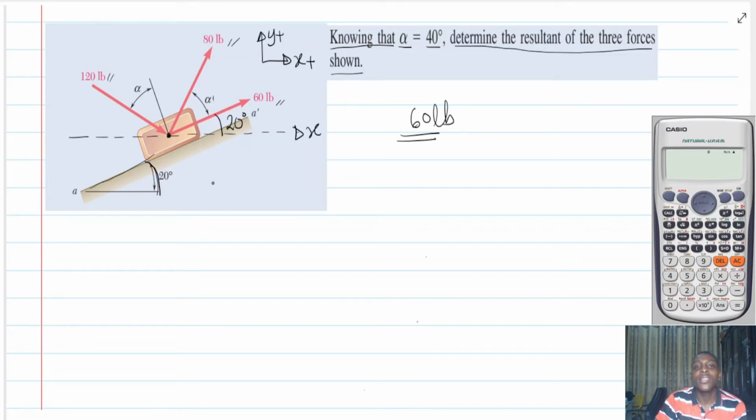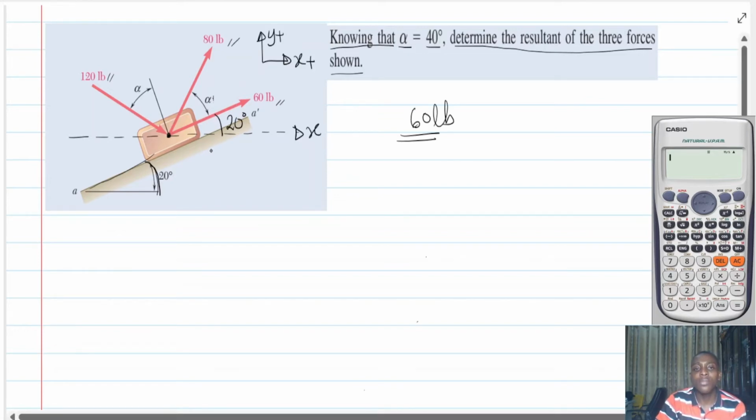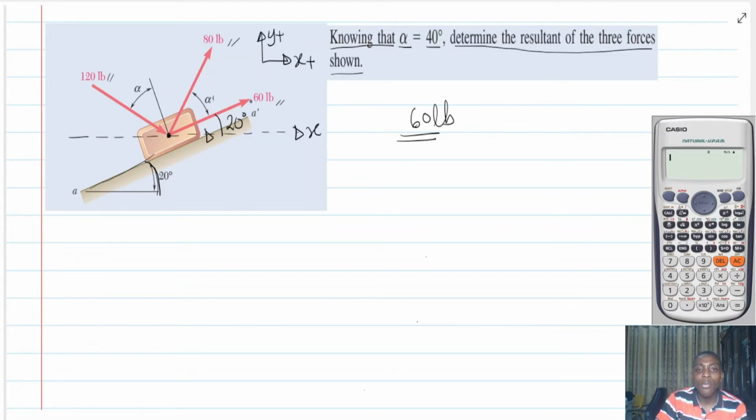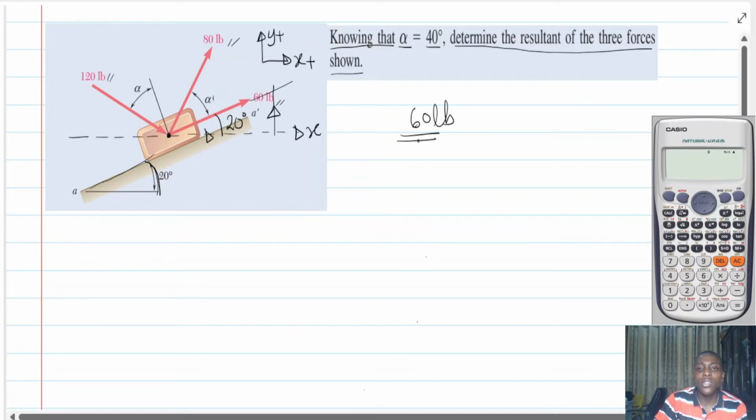Once I've been able to do this, I will just resolve this force into x component and y component. The x component of this force, Fx, is going to be 60 cosine 20. And the y component is going to be 60 sine 20.